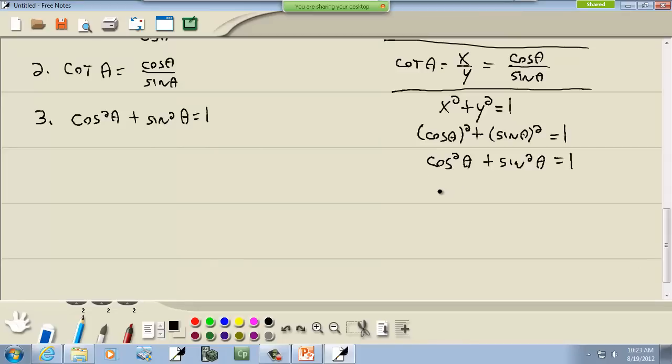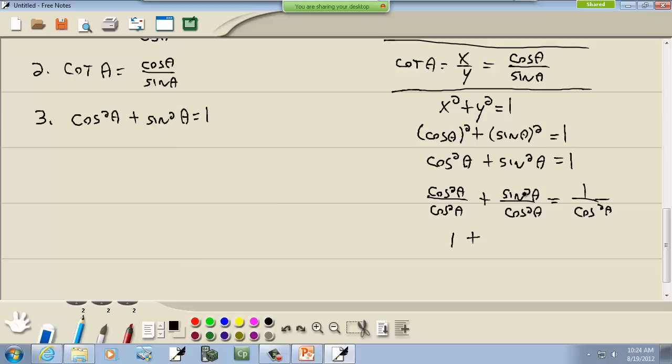Now, starting with this formula here, I could divide everything by cosine squared. Like that. And then we got sine squared over cosine squared equals 1 over cosine squared. Well, cosine squared over cosine squared is 1.